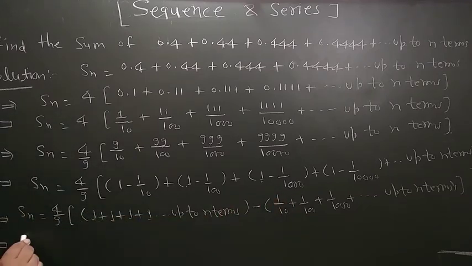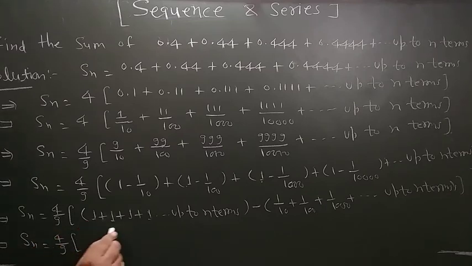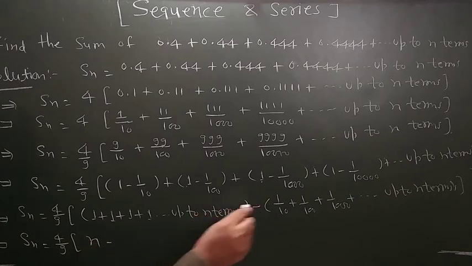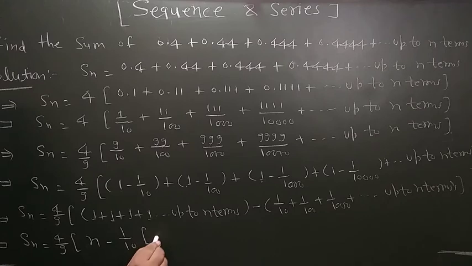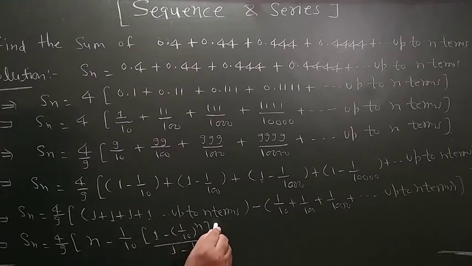So now this can be written as Sn equal to 4 upon 9. This becomes n minus, applying the formula for the sum of n terms, 1 upon 10 inside the bracket 1 minus 1 upon 10 whole power n, upon 1 minus 1 upon 10.